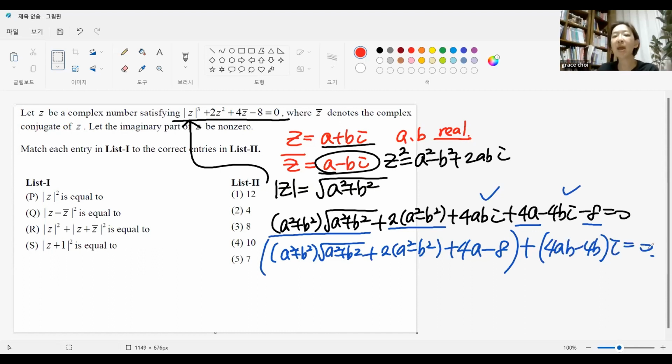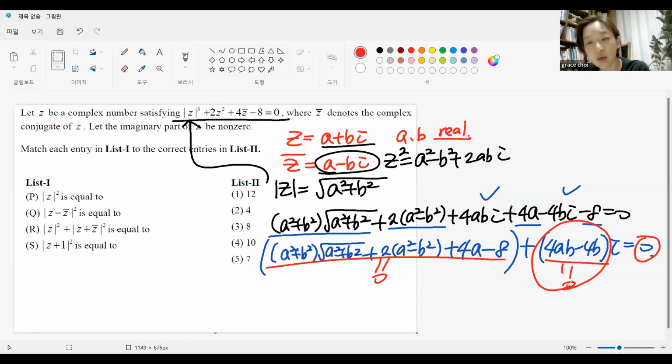Since a and b are real numbers, these are all real numbers, right? The red lines are real numbers. Therefore, to be 0, each should be 0. So this is sure. Therefore, simple factoring: 4b times (a minus 1) equals 0. So b can be 0 or a can be 1.